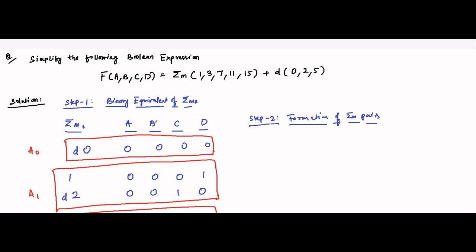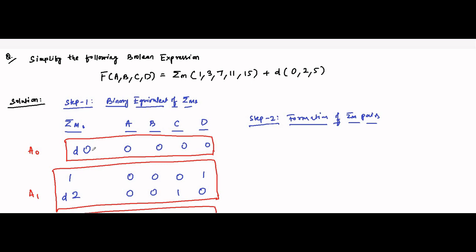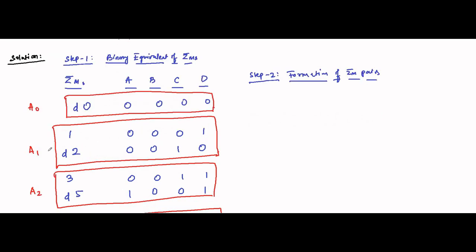How we do that, as we have already done in the previous questions, involves comparing the minterms or the don't care terms, as they are grouped together, of one group with all the other minterms and don't care terms of the adjacent group, and forming those minterm pairs which differ in one bit position. Here I am directly writing the minterm pairs so that we save time, because I have already discussed in detail how the minterm pairs are formed and what one bit position difference is.